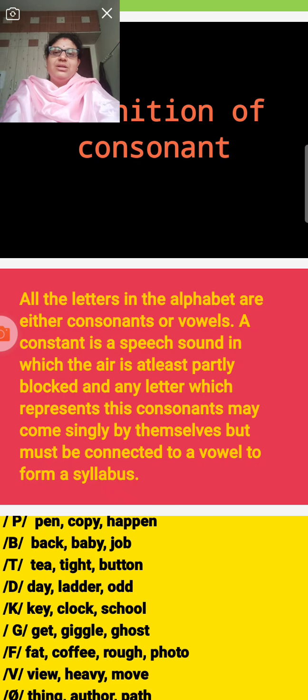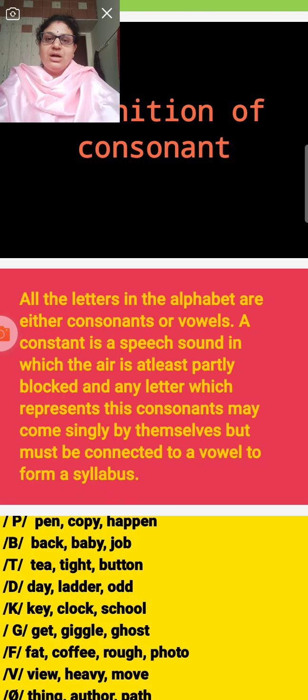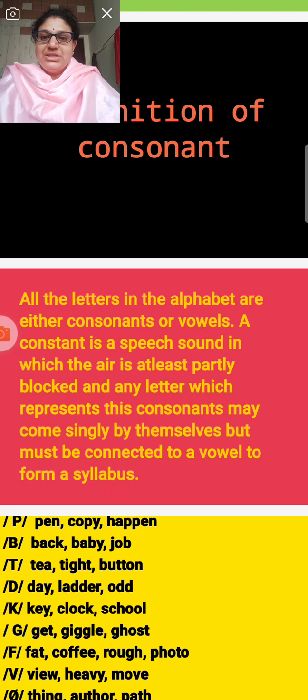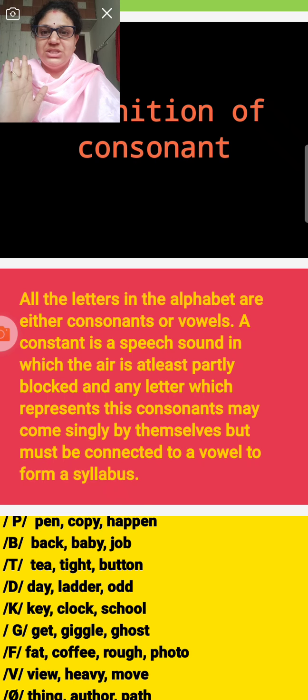So what are the consonants here? All the letters in the alphabet are either consonants or vowels. I already told you in the beginning that the vowels are A, E, I, O, U, and the remaining come under the consonants.